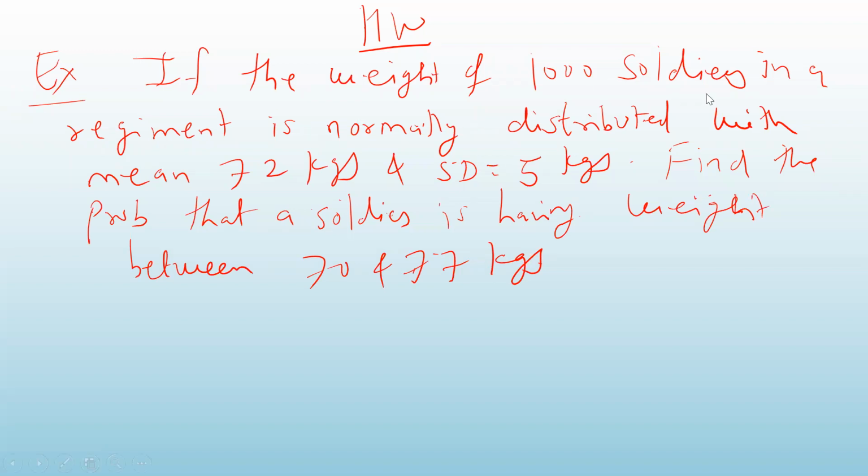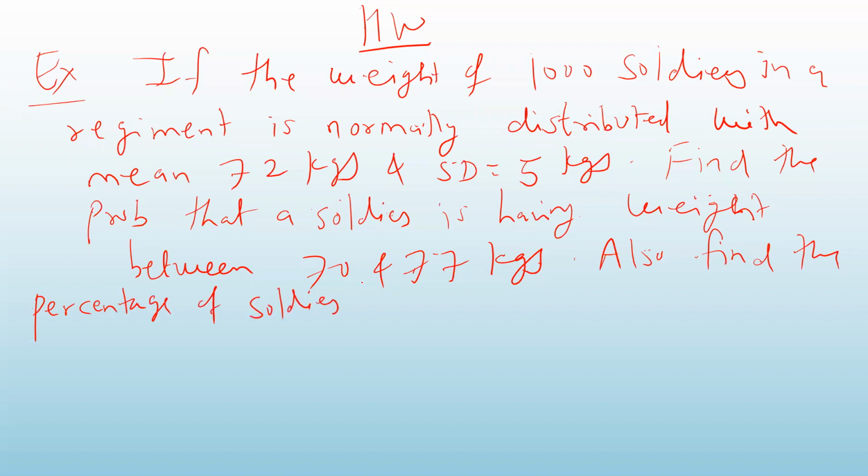So if the weight of 1,000 soldiers in a regiment is normally distributed with mean equal to 72 kilograms and standard deviation is 5 kilograms, find the probability that a soldier is having weight between 72 and 77 kgs. Also find the percentage of soldiers with weights, how many percentage of soldiers are having weight between 70 and 77.